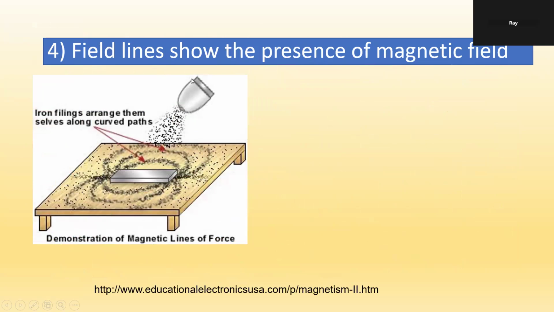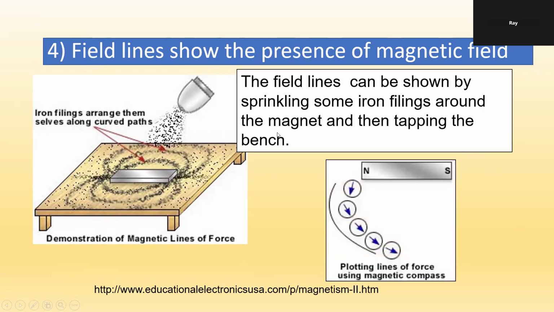Field lines show the presence of a magnetic field. You put a magnet on a small table or bench, sprinkle iron filing, and then tap the bench. Then the iron filing will follow the magnetic field lines. Right?